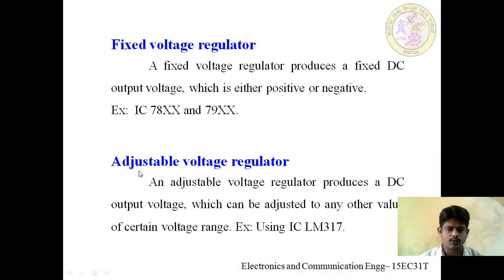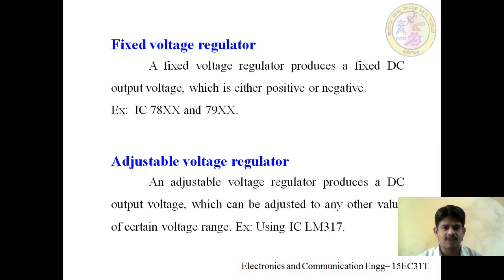The next one is the adjustable voltage regulator. So what is meant by adjustable? Where we can vary. A simple example is the adjustable pot or the fan knob. With a fan knob, we can adjust the speed of the fan, correct? Similarly, here the adjustable voltage regulator means where we can change the voltage. In many cases we may need different voltage levels.